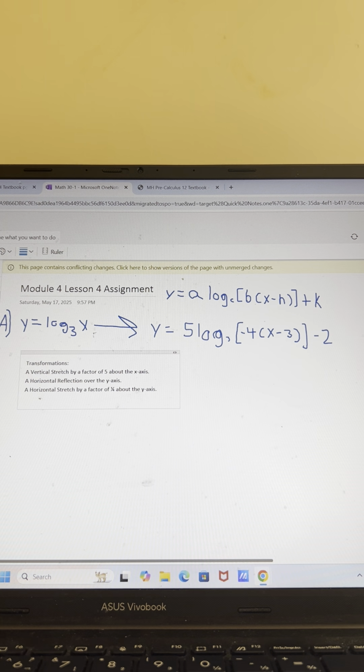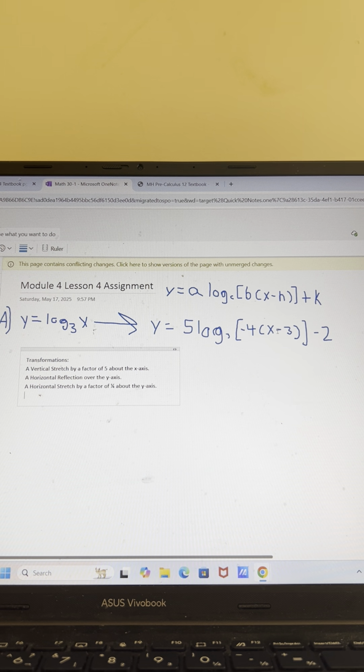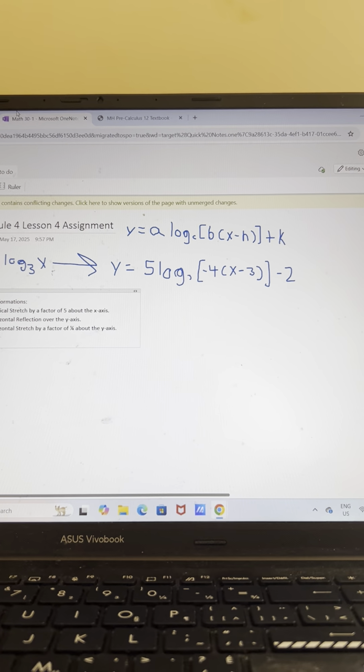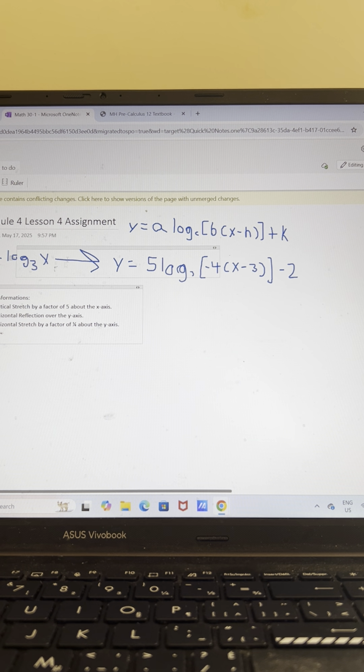We also have a horizontal translation, and what that means is, I'm just going to fix that. Is that better? Okay. The -3 means a horizontal translation of 3 units to the right.